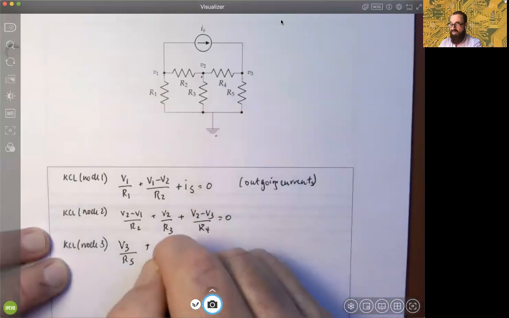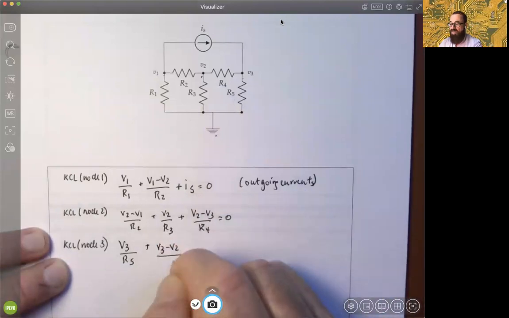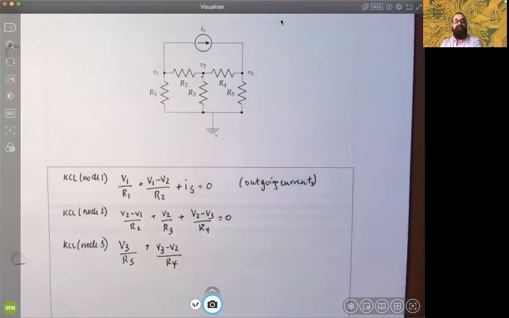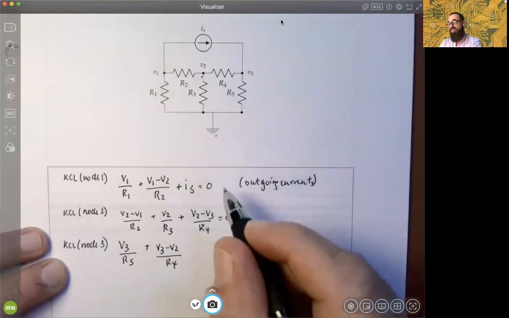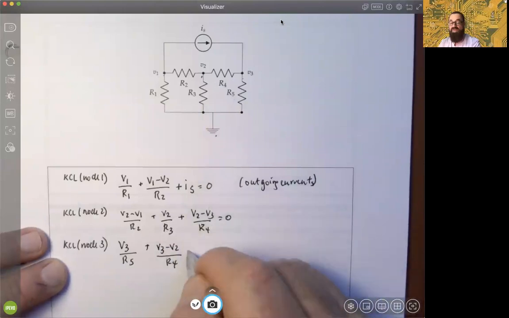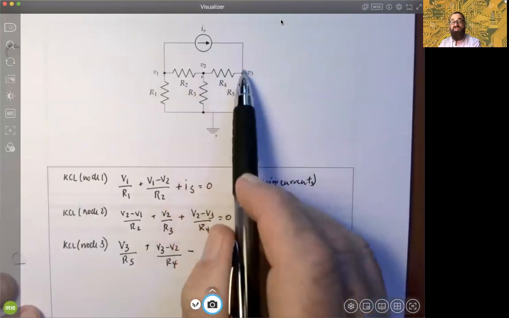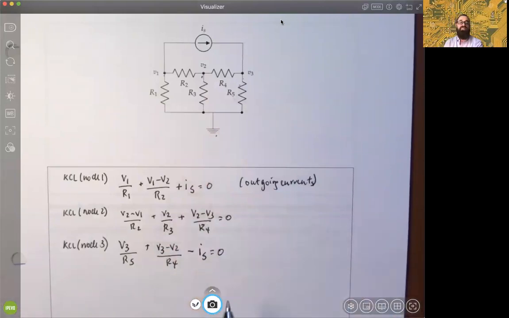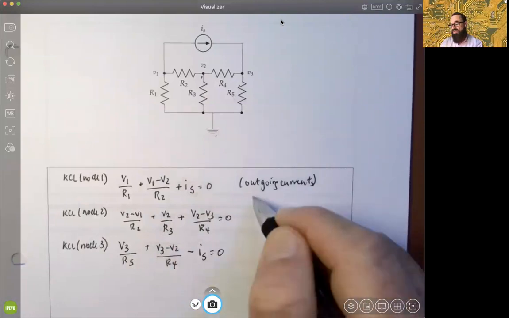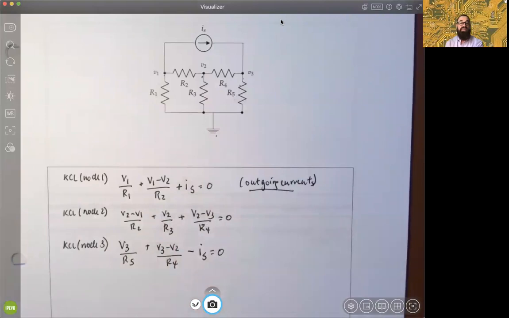So that will be plus V3 minus V2 over R4. And then finally, again, we're representing an outgoing current. So in this case, that independent current source is coming in, so we'd have minus IS equals 0. Or you could just put the IS onto the right-hand side, either way. Again, always represent outgoing currents, and that's it.